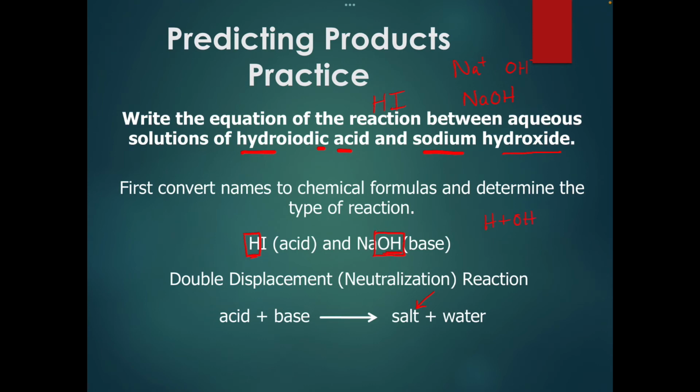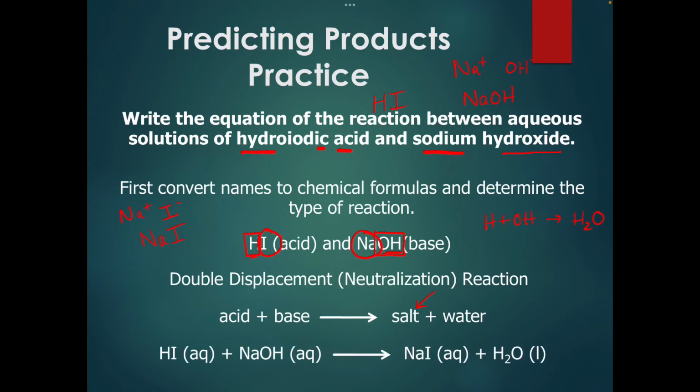H plus OH will give us H2O. That's what's forming our water. The salt is going to be formed from anything that's left. So we have iodine and sodium. Sodium is Na+ and iodine is I-. These charges are equal and opposite, so we're just getting NaI. So our acid plus our base will give us a salt and water.